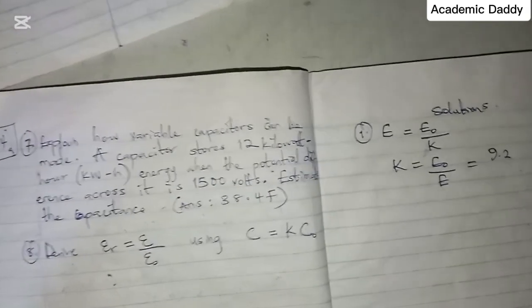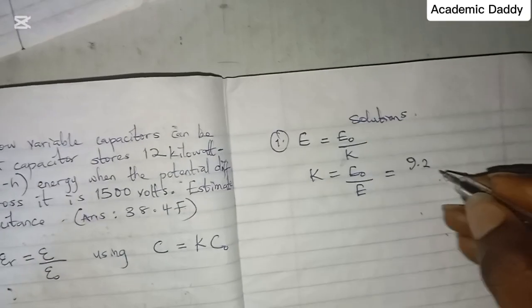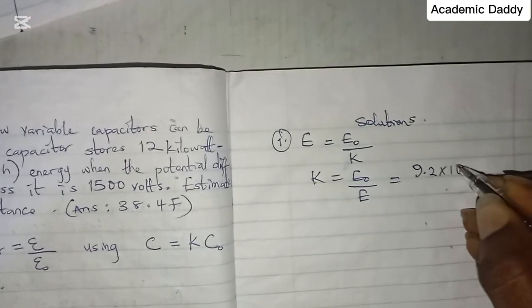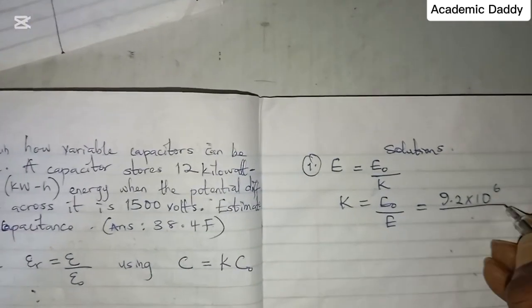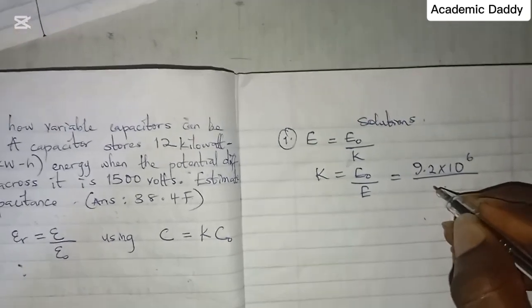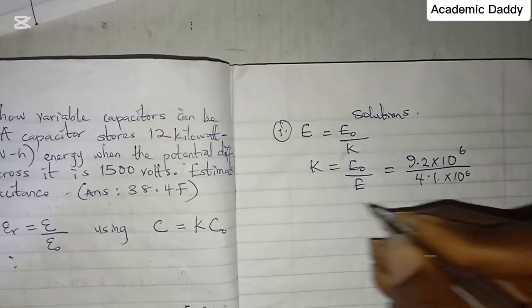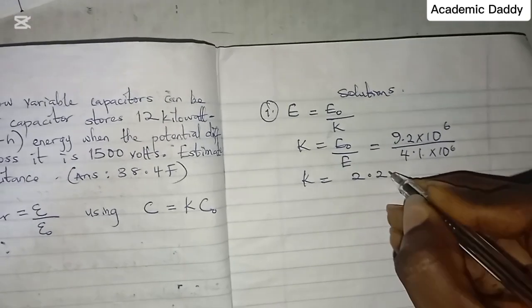I've already gotten it to be 9.2 times 10 raised to power 6. So divide by the electric field given, which is 4.1 times 10 raised to power 6. So K will simply be equal to 2.24.